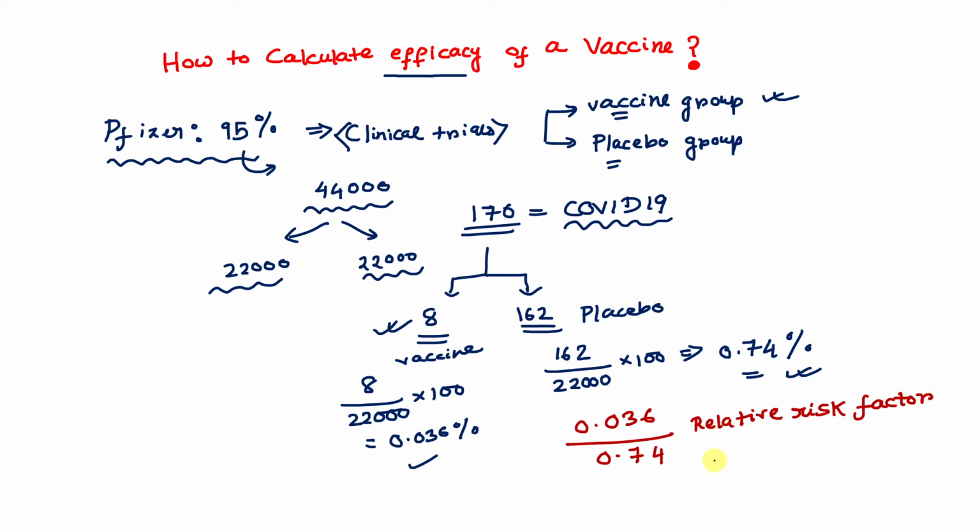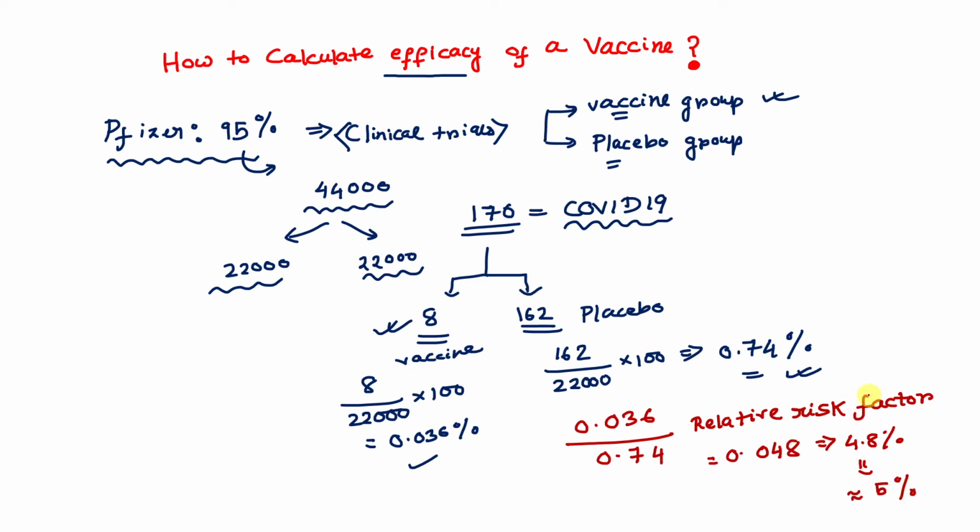This ratio is roughly 0.048. Now if you convert it into a percentage, it will be around 4.8%. If we round it, it will be around 5%.